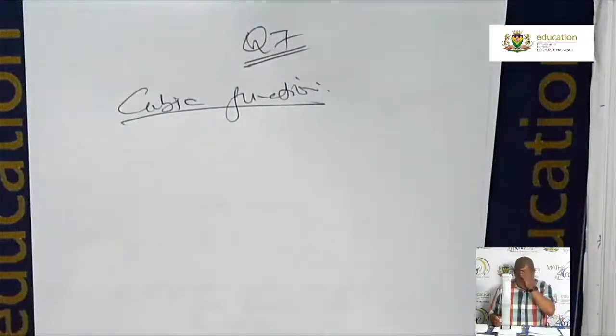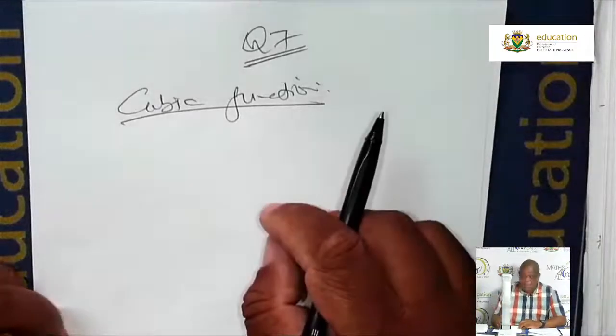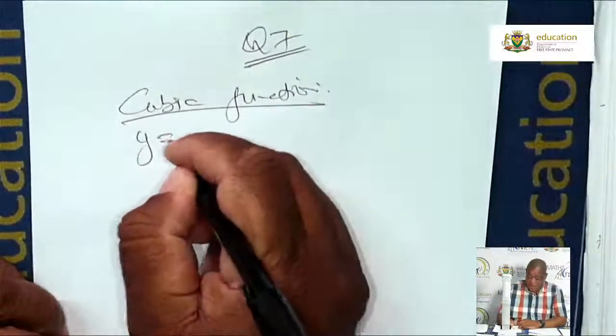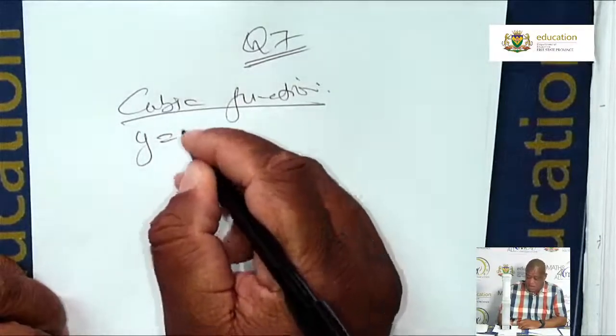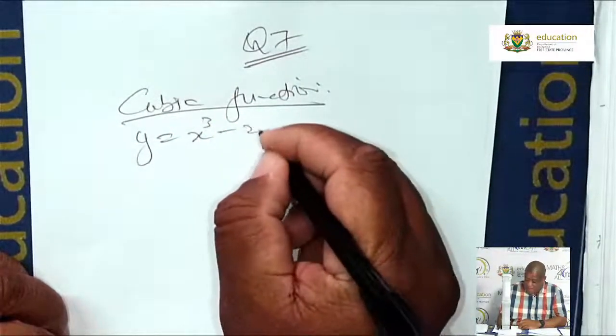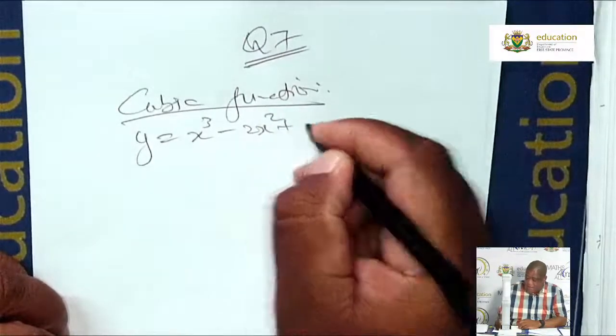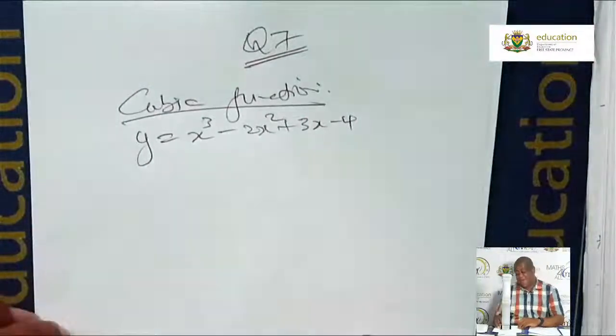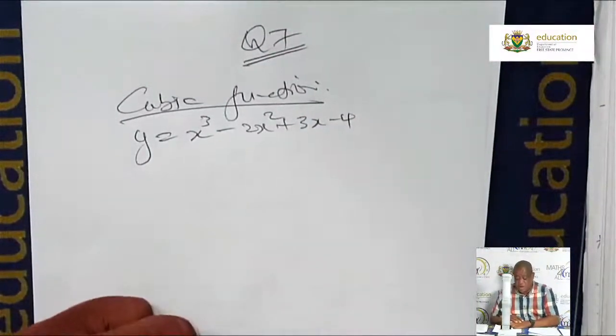Let us understand that with the cubic function, yes, we can be able to draw the cubic function. y is equal to, I'm just writing it as an example, x to the power 3 minus 2x squared plus 3x minus 4, something like that. So that's one equation that we may have of a cubic function.